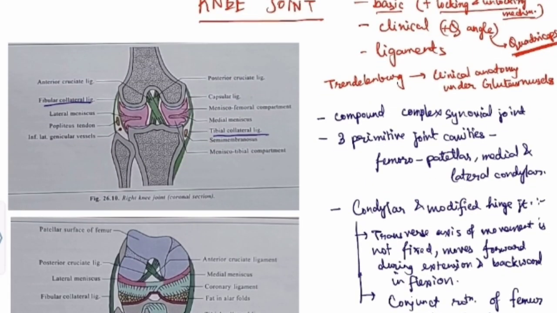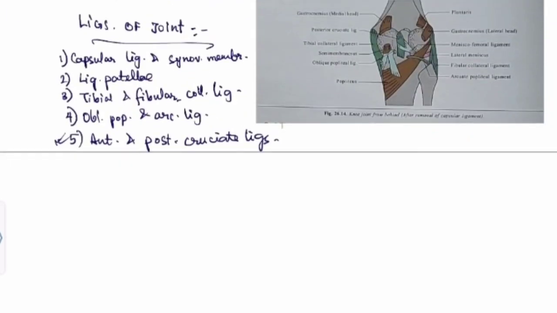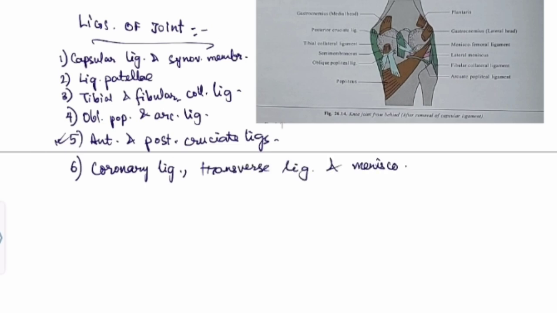Here is the anterior cruciate ligament, here is the posterior cruciate ligament. Then the coronary ligament, transverse ligament, and meniscofemoral ligament, which connects the meniscus to the femur. And finally, we have the medial and lateral menisci. These are also very important.